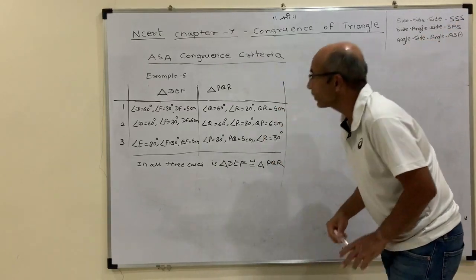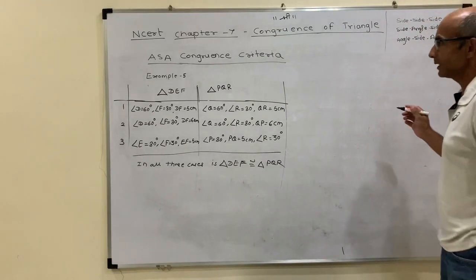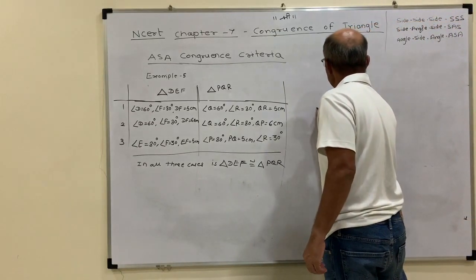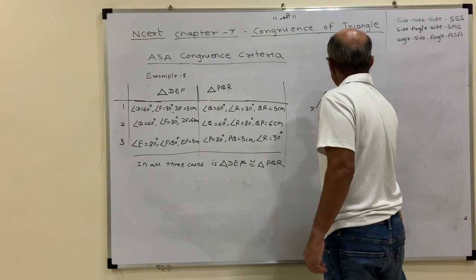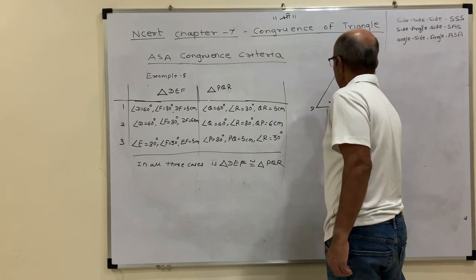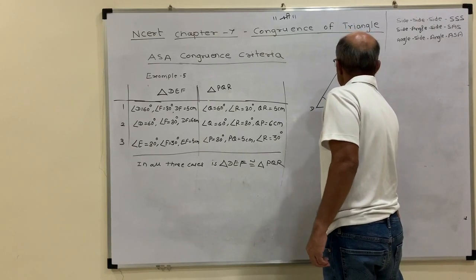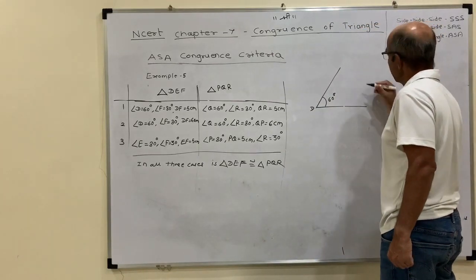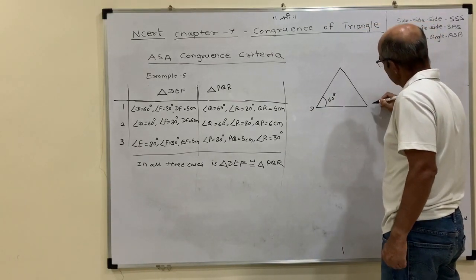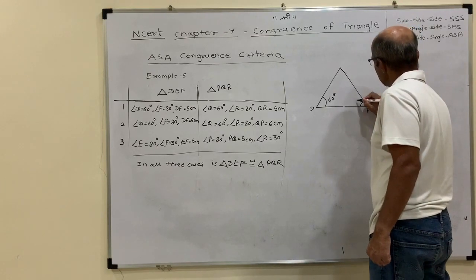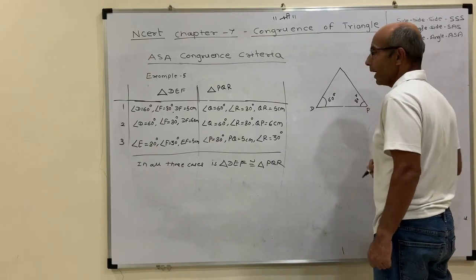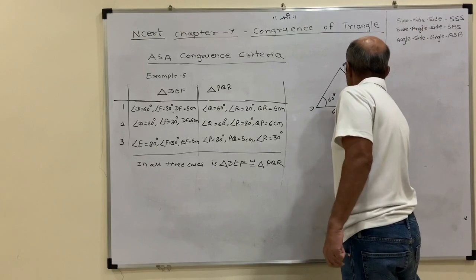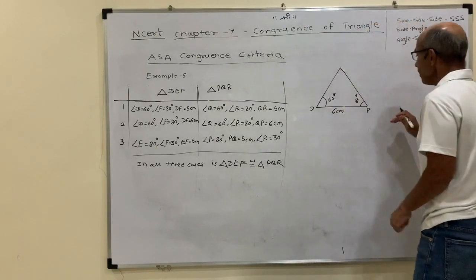Now here angle D is given as 60 degrees. So this is my angle D, which is given as 60 degrees. Angle F they have given as 80 degrees. So I treat this as the F, this is again 80 degrees. And DF they have given as 6 centimeters.